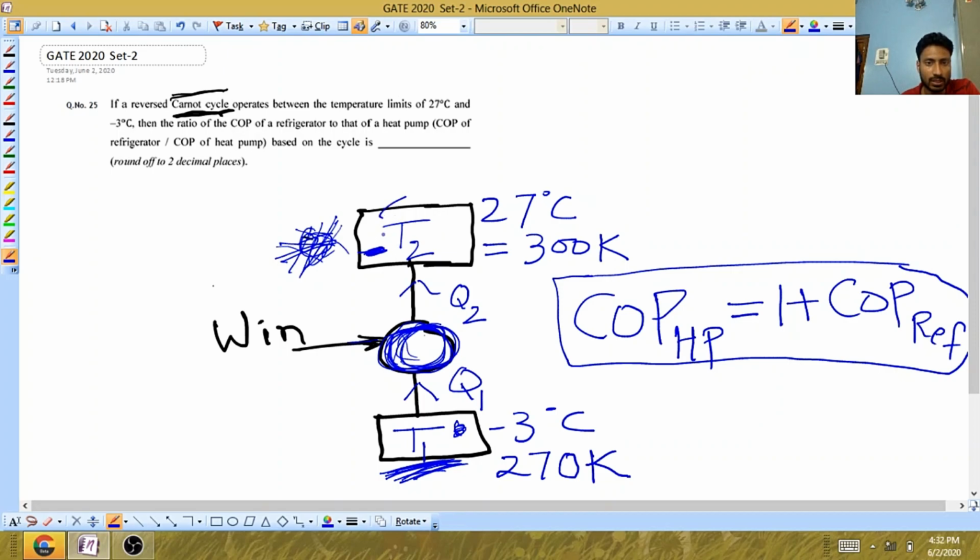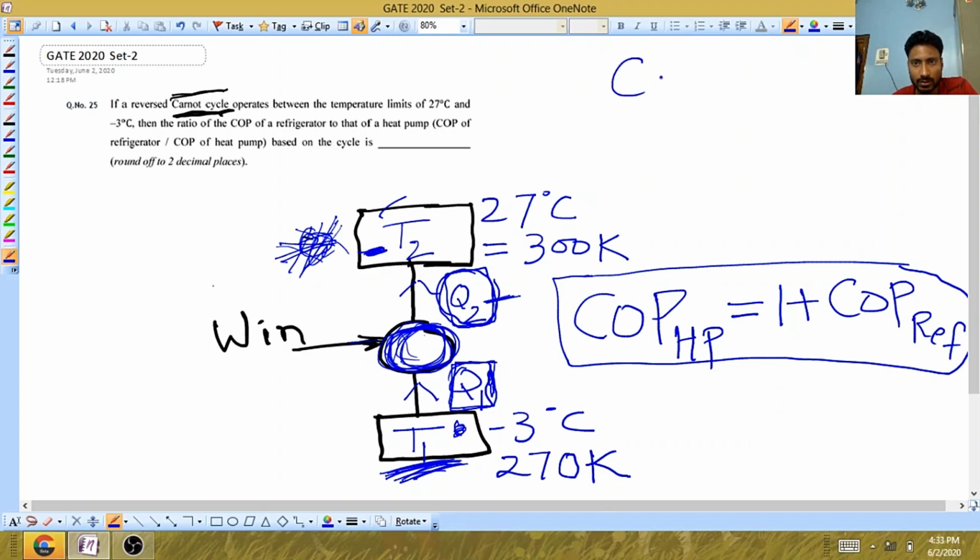So when we focus on this Q2, the heat that is supplied to the room, this will give us a heat pump. And whenever we are extracting heat from some reservoir, in that case we refer to it as a refrigerator.